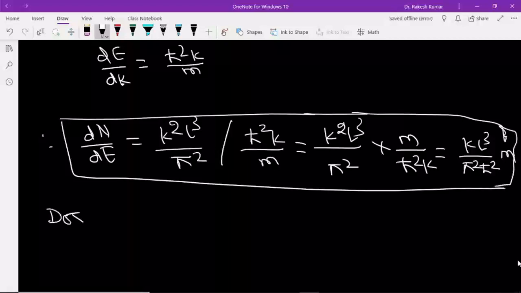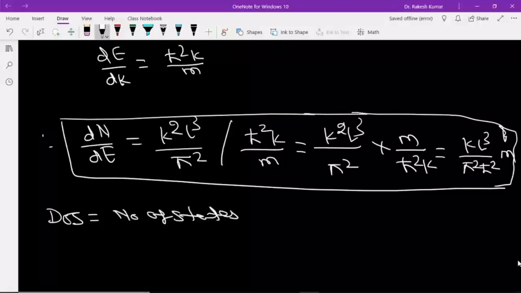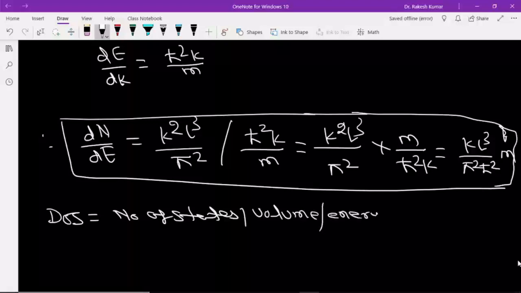So now what is density of state, which is equal to number of states per unit volume. For per unit volume we have to divide this number by whole volume, or to get per unit energy we have to differentiate with energy.